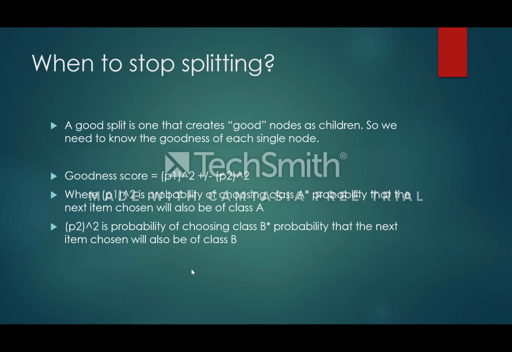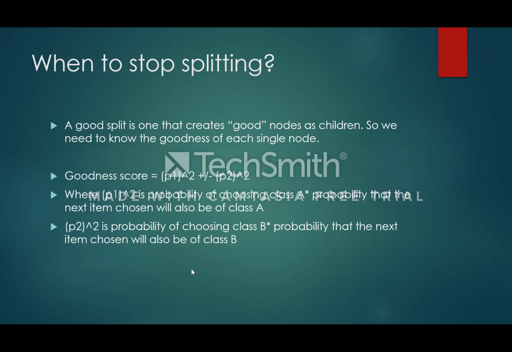A good split is one that creates good nodes as children. So we need to know the goodness of each single node. We can calculate the goodness score of a node. It is p1 squared plus p2 squared.